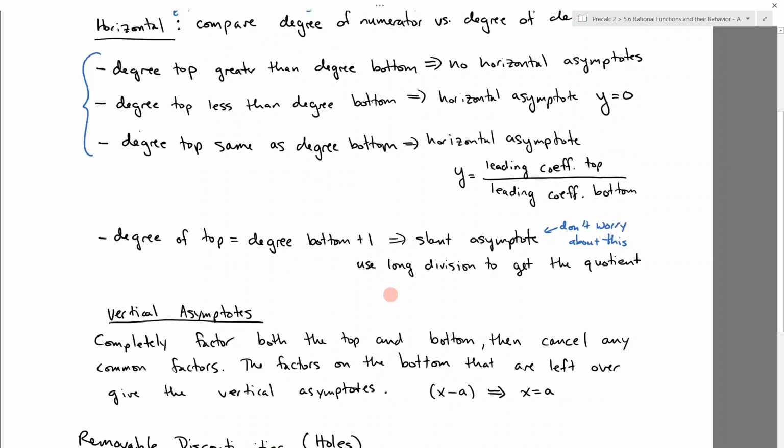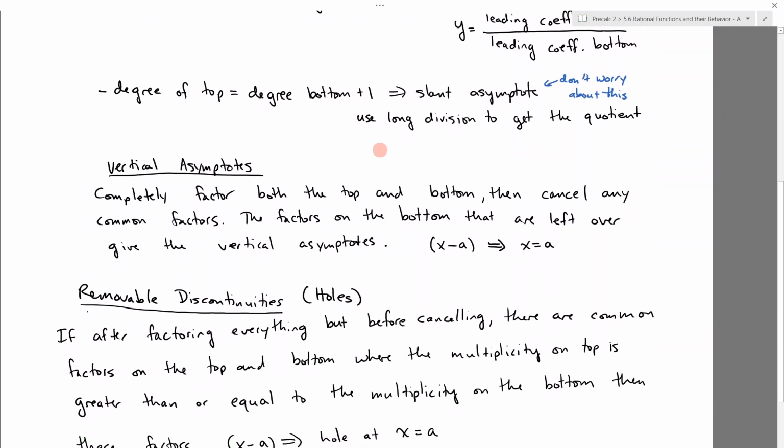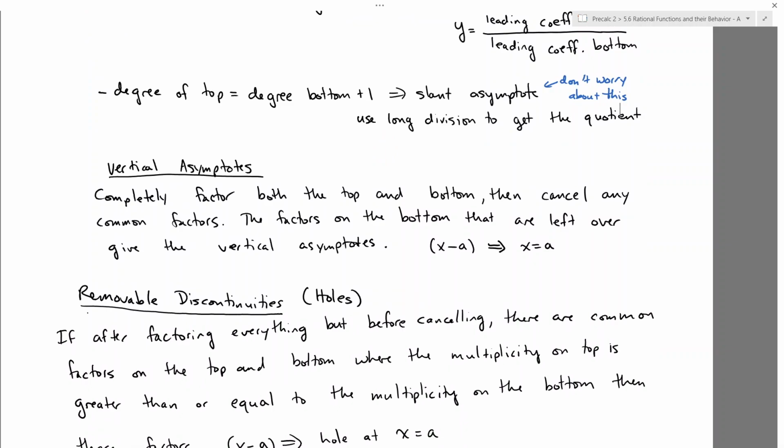Okay, so what about the vertical asymptotes? Basically, the vertical asymptotes are where the fraction is undefined, and a rational function is undefined when the denominator is equal to 0.